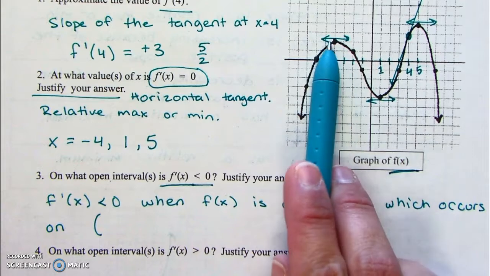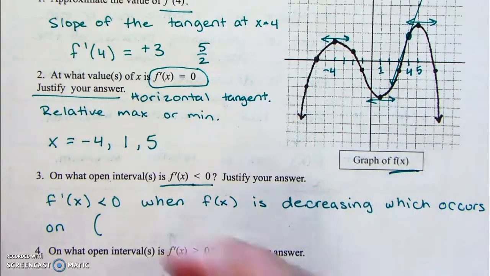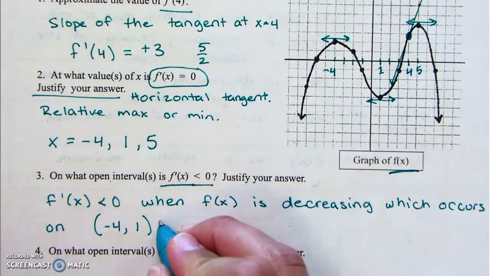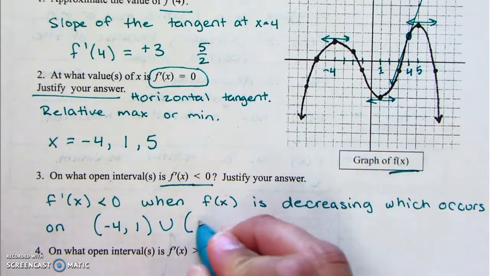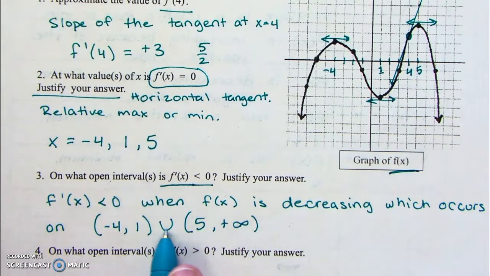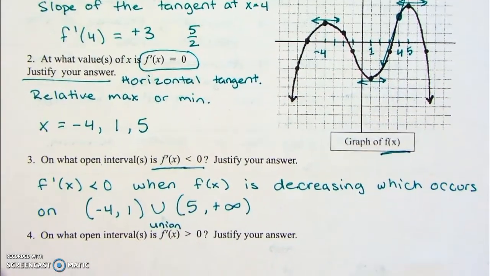Well, it's got to be between the max and the min, so between -4 and 1, and then from 5 to positive infinity. If you've never seen that before, that means union. We're uniting both of these intervals to get the answer.